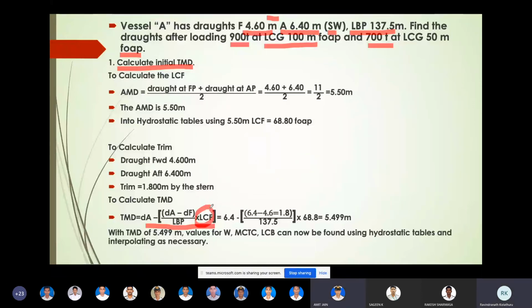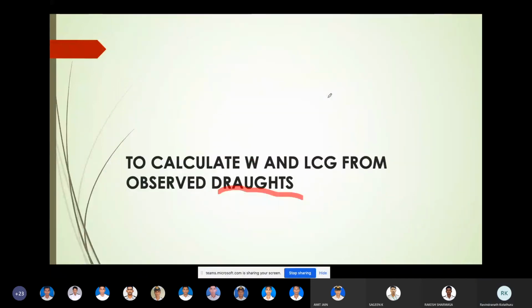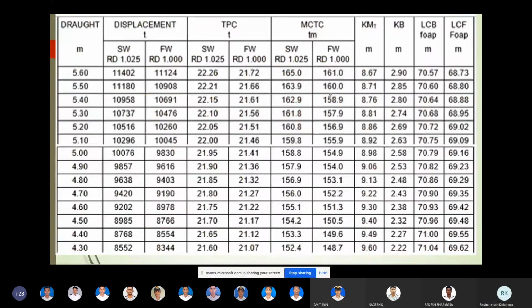We calculate the AMD. Exactly. We will calculate the AMD, then find out the LCF. So first I calculate the AMD, arithmetic mean draft, which is draft forward plus aft by 2. So I will get my arithmetic mean draft as 5.50. Then I go to my hydrostatic tables. For 5.50, I see what my LCF is: 68.80.